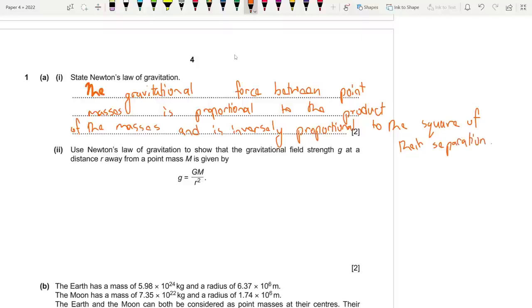Alright, so the gravitational force between 2 point masses is proportional to the product of the masses and inversely proportional to the square of their separation.